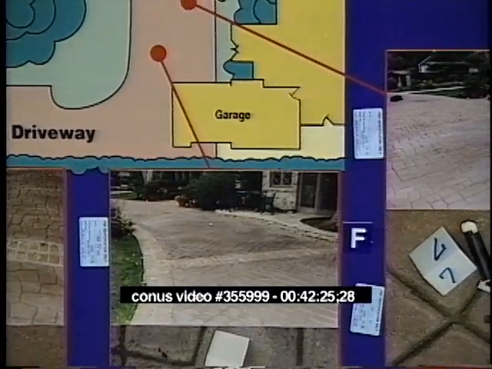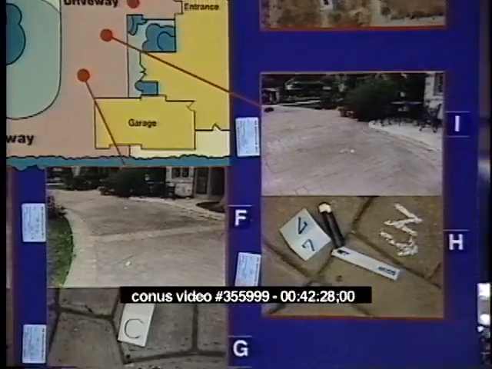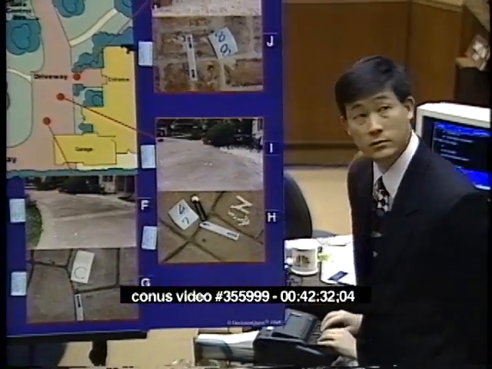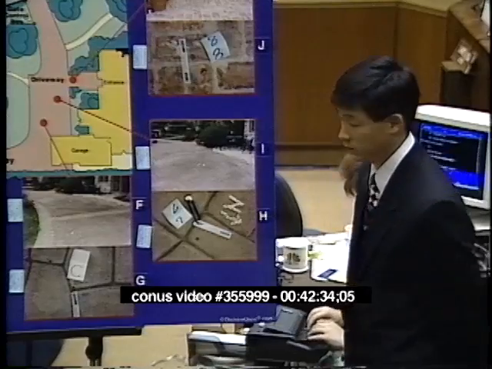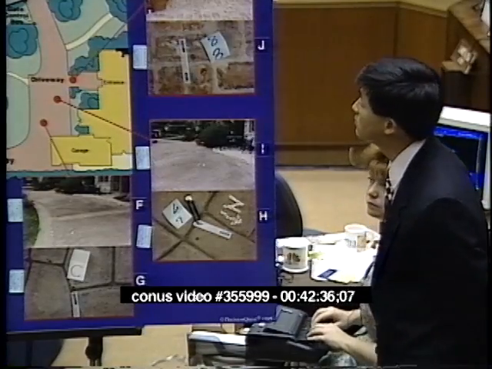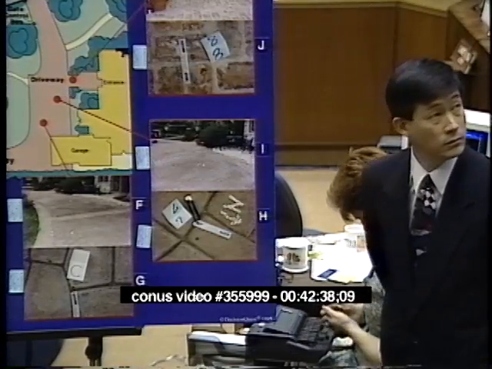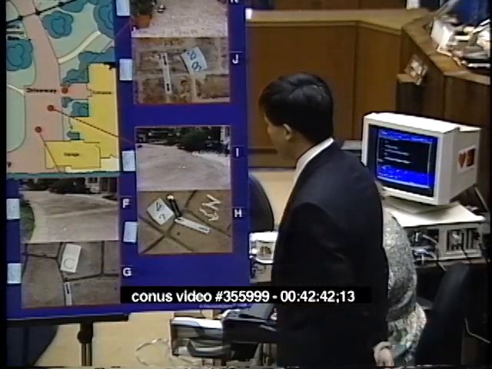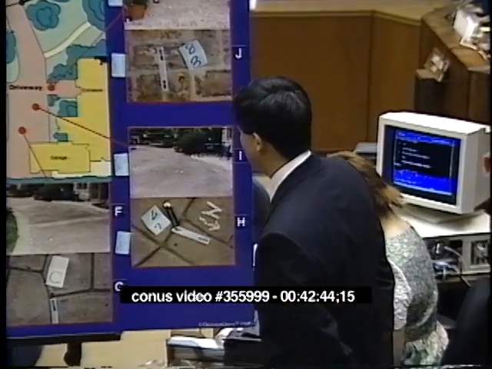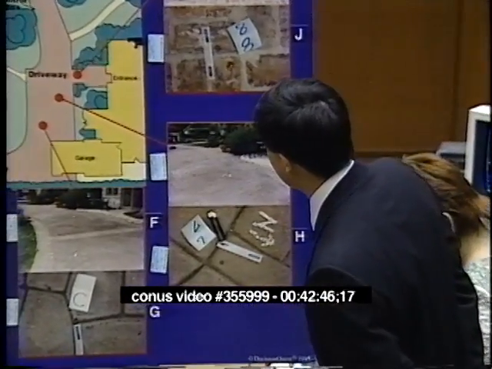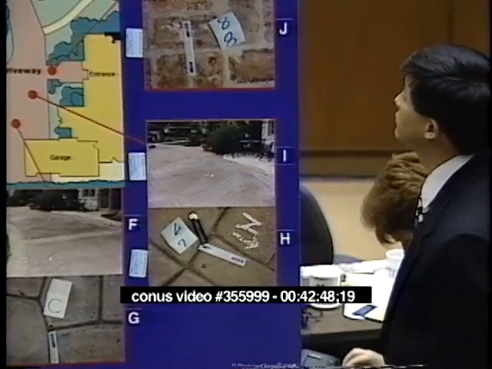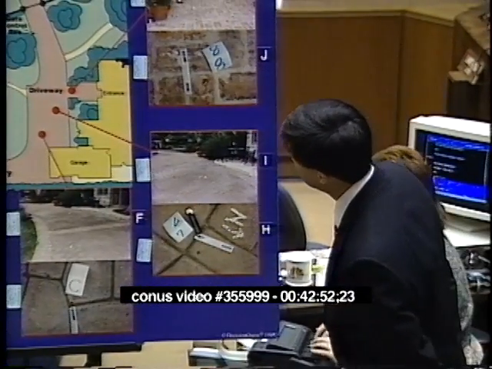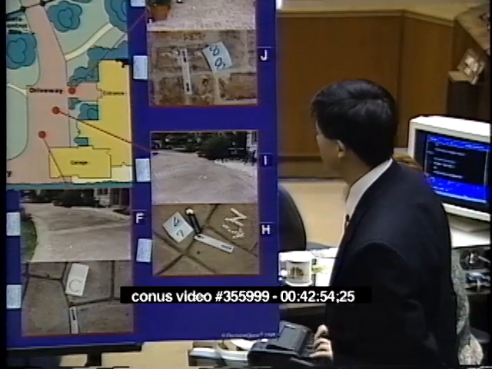And now, looking at photograph I. Which stain is depicted in I? That is number 7. Okay. And does the call-out line represent the general area where 7 was collected from? Yes, it does.